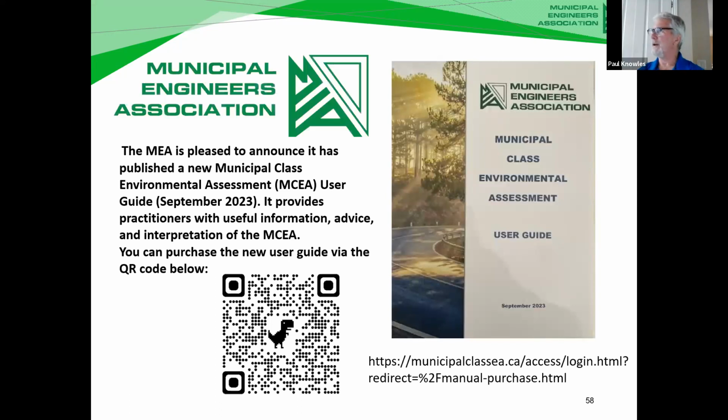Something we're pleased to announce is that we've now published a user guide. You can get to it by either scanning that QR code or by the address that's on the Class EA website, and you can order a paper copy of it.